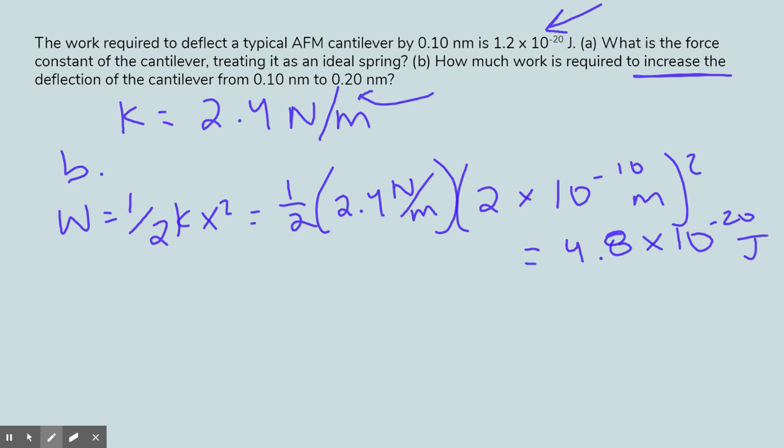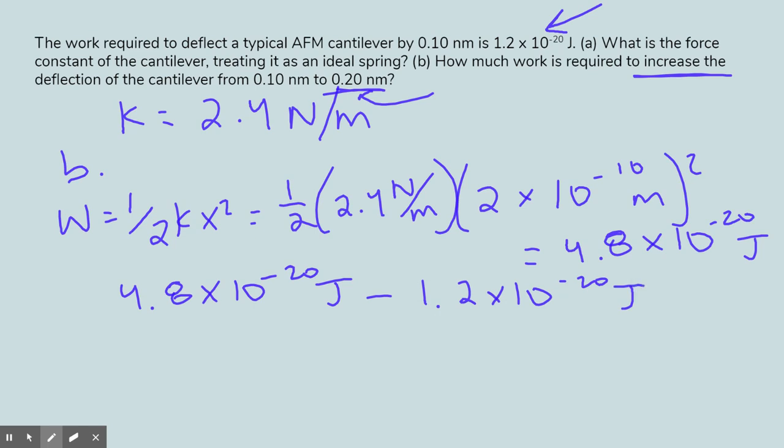So we'll say 4.8 times 10 to the negative 20 joules, because that's the 0.20 nanometer value for work, minus the one for 0.10 nanometers, which is 1.2 times 10 to the negative 20 joules. And we'll see that our difference is 3.6 times 10 to the negative 20 joules.